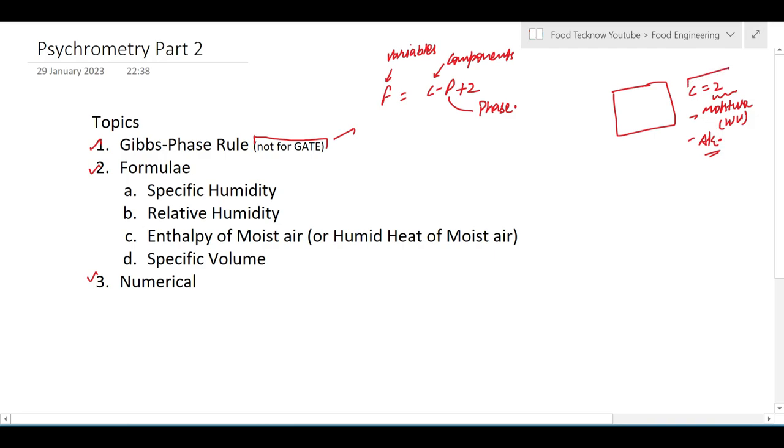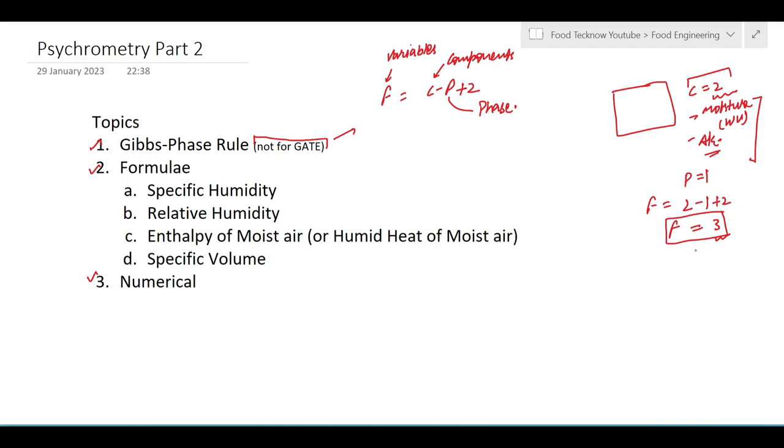So that's why C is taken as 2, and P is the phase. Because all the things are in the gaseous phase, the P will be taken as 1. That's how we get F equal to C minus P plus 2, that is 2 minus 1 plus 2. It means total is 3. It means we need 3 variables to understand any thermodynamic system from the psychometric point of view.